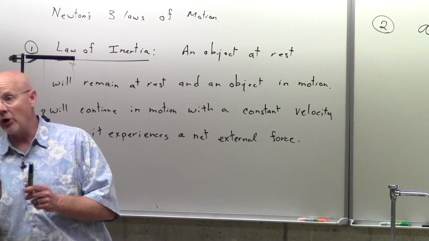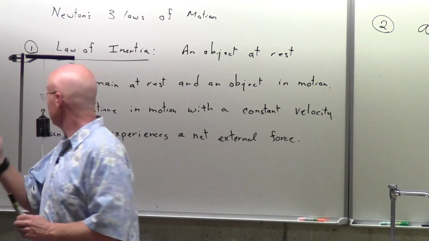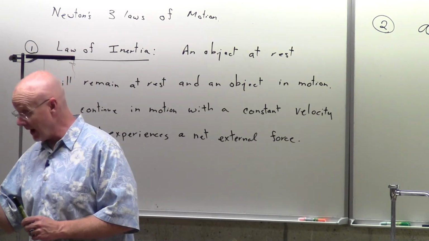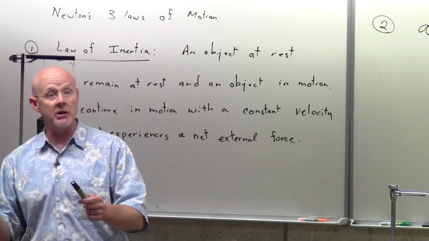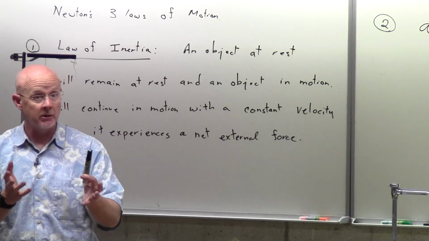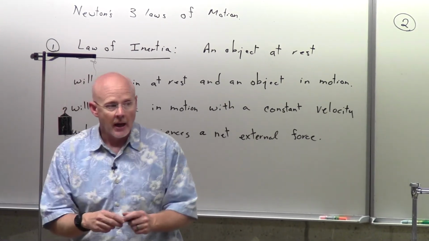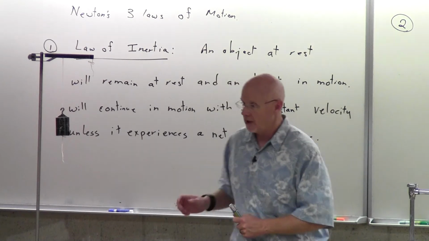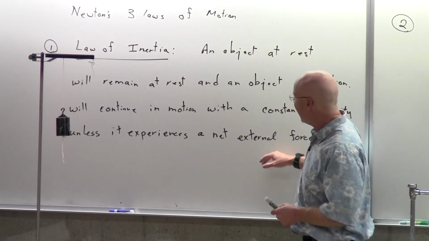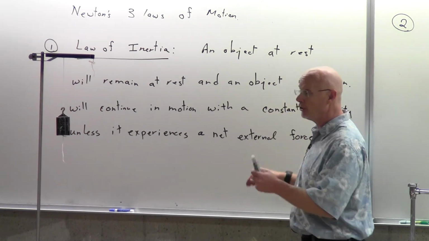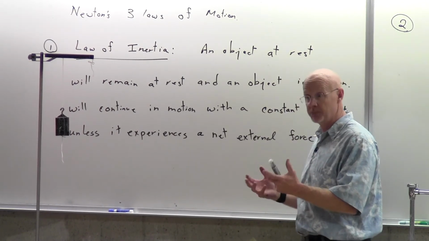If there are no forces, the object should either remain at rest or remain going in a straight line with the same speed. On the other hand, this one says if there is a net force, it will change its speed.